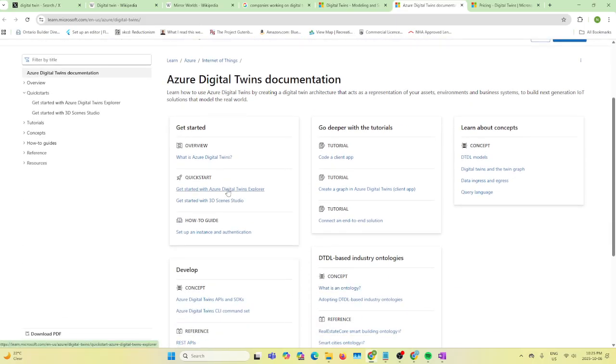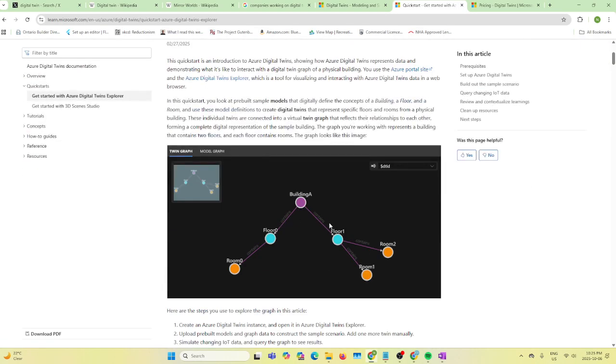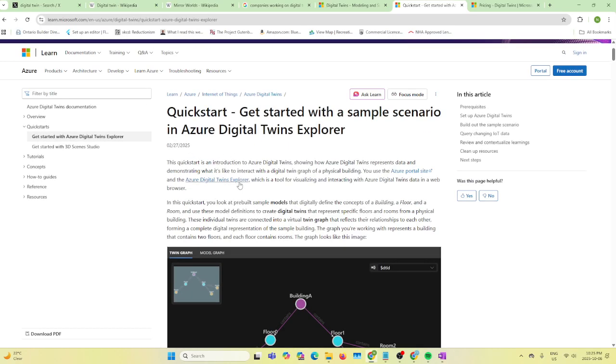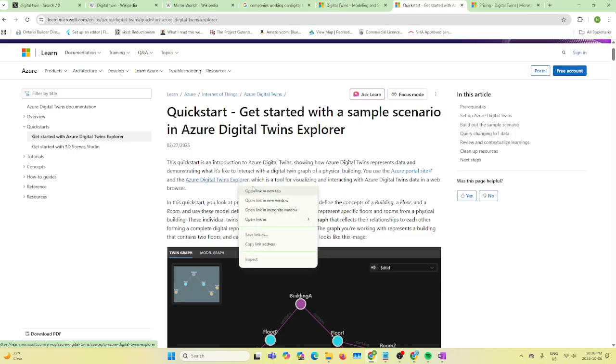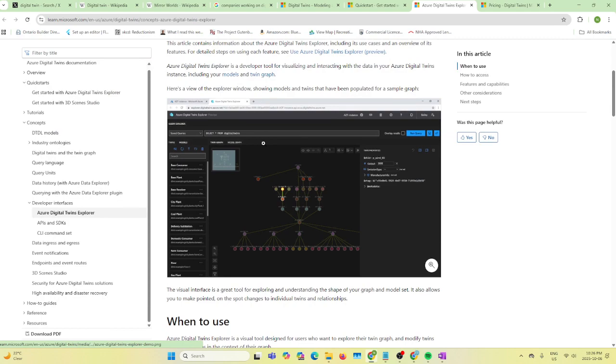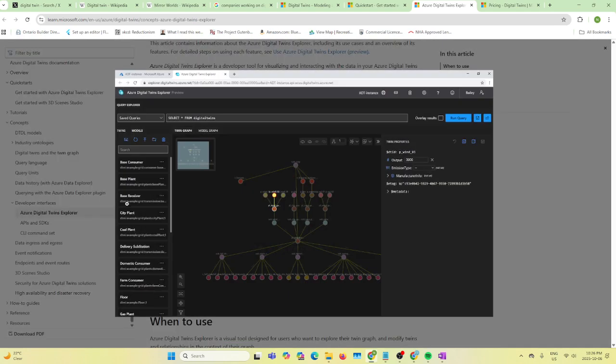Get started with Azure Digital Twins Explorer. Okay, what is that? So building a four-room... Yeah, this is what we're talking about. A tool for visualizing, okay. Yeah, look at that. That looks pretty nice. See all these different connectors.